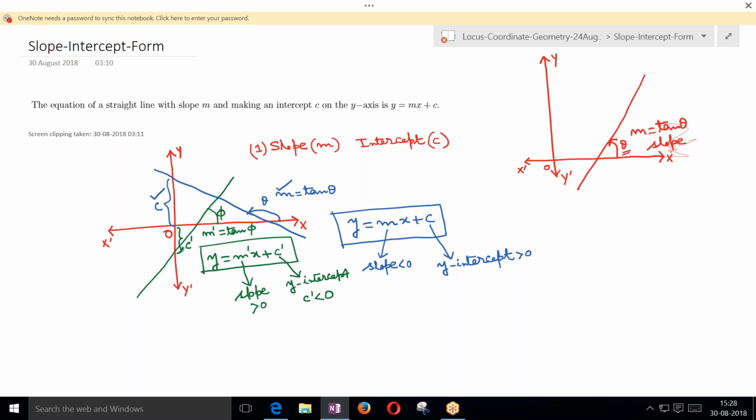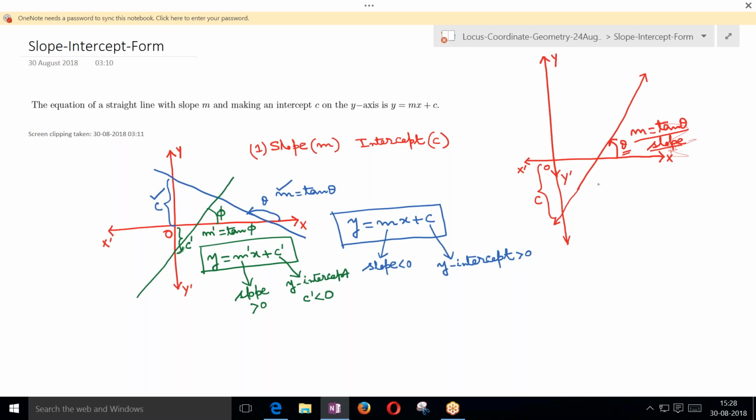So what is the slope? m equal to tan theta is known as the slope of that straight line, and then how much intercept it made with the coordinate axis. If you extend the y-axis, this straight line makes an intercept, suppose of length c.